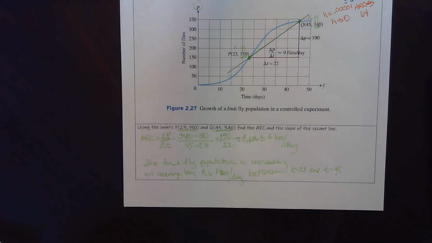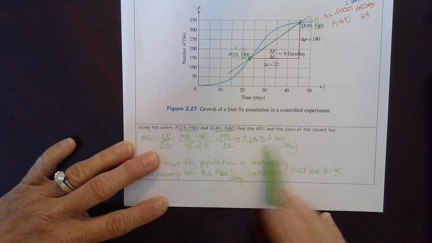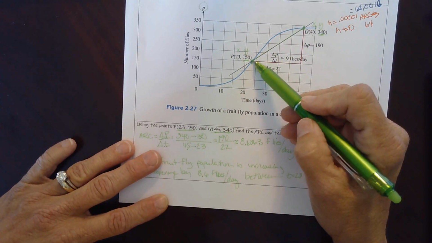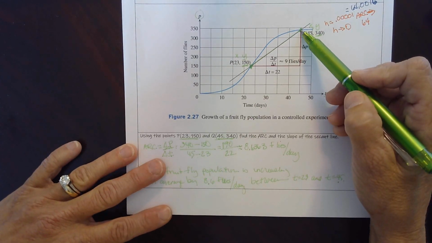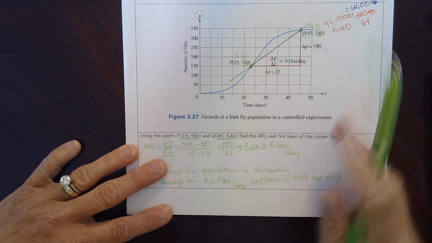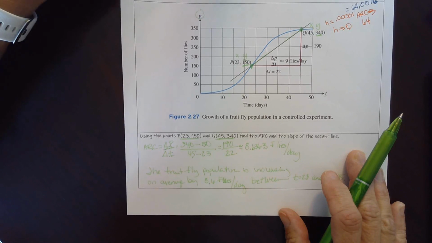So again, if that value, 8.6363, represents the slope of this secant line, and I want to find the speed, I've got speed on my mind.